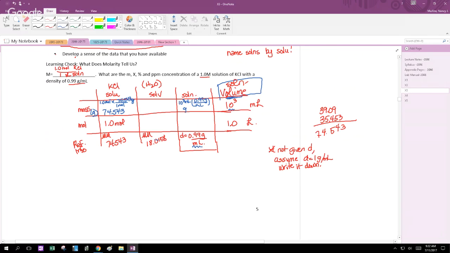So I must have apparently 990 grams of solution. Where can I go from there?